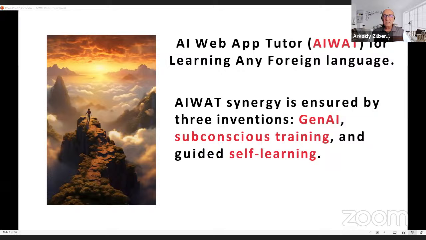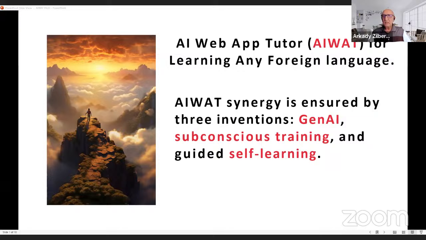AIWAT synergy is ensured by 3 inventions: GenAI, subconscious training, and guided self-learning. Many presenters here were talking about using AI for learning foreign language, and I would say that that information is slightly misleading, because we cannot use AI for learning a foreign language very effectively, for one reason.